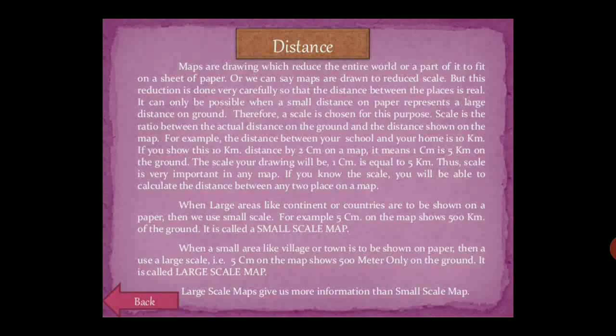It is called a small scale map. When a small area like a village or town is to be shown on paper, we use large scale, that is, 5 centimeters on the map shows 500 meters only on the ground. It is called a large scale map. And usually large scale maps give us more information than small scale maps, children.